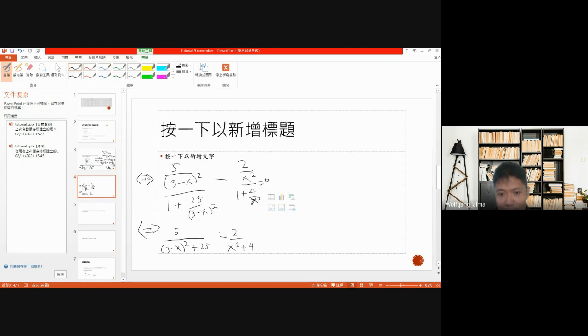So we can just put here, so this one the same as this, and we multiply. So we have 5x squared plus 20 equals this guy plus 25. Do I make a mistake? Hopefully not.